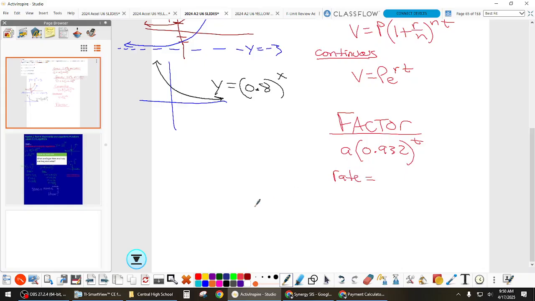How did we switch between factors and rates? Okay, remember we had to take the difference of this from 1. It was always either, we would subtract 1, which is different from 1. Okay, so how far away is this from 1? And turn it into a percentage. That's all we did. Okay?